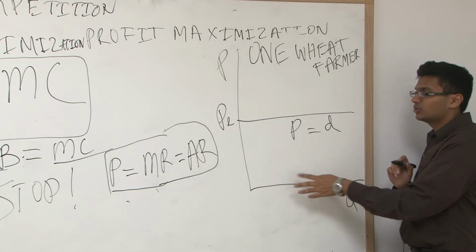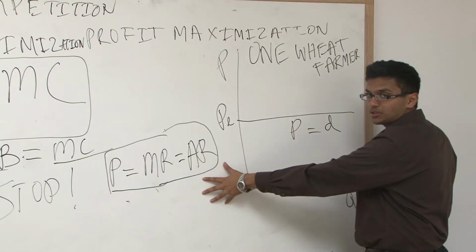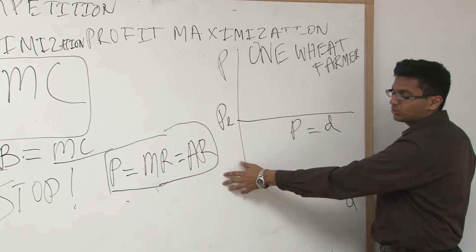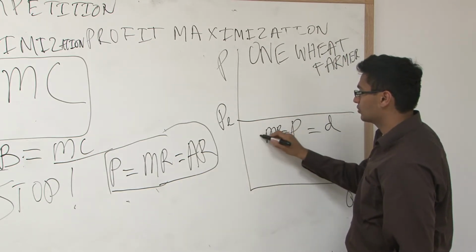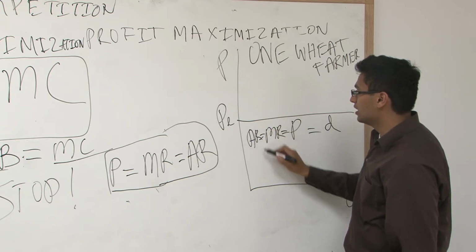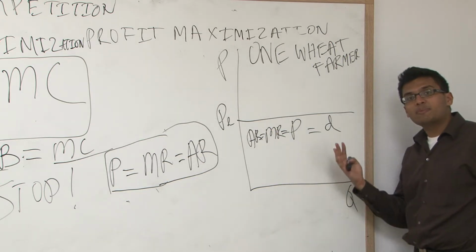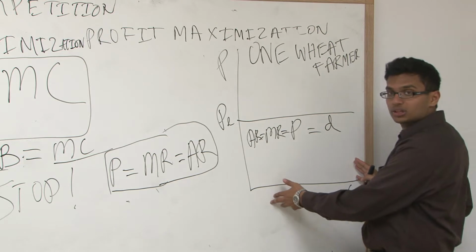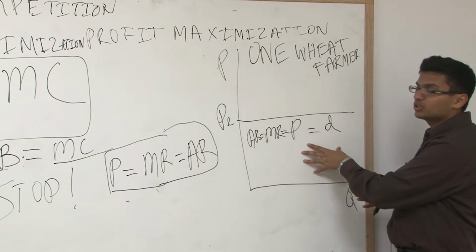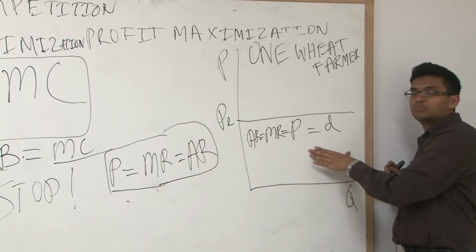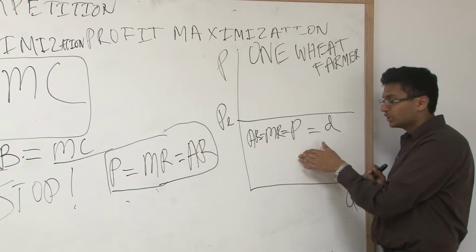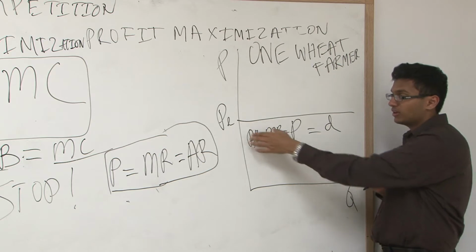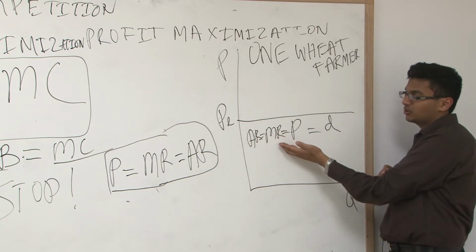Using this box over here, we established that price is equal to marginal revenue, which is equal to AR. Price is equal to MR, which is also equal to AR. So when you draw a single firm in a perfectly competitive market, you have to draw a perfectly elastic demand, but also remember, you have to set it equal to the price. Obviously the price is the market's, they're a price taker.